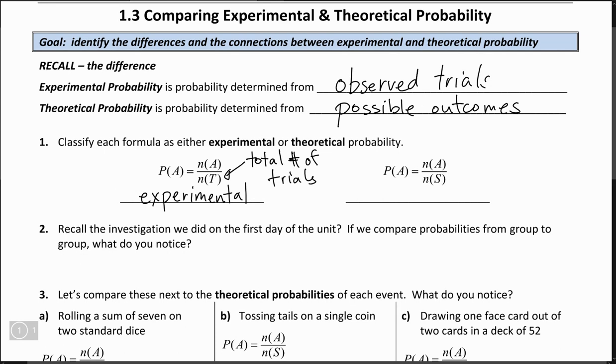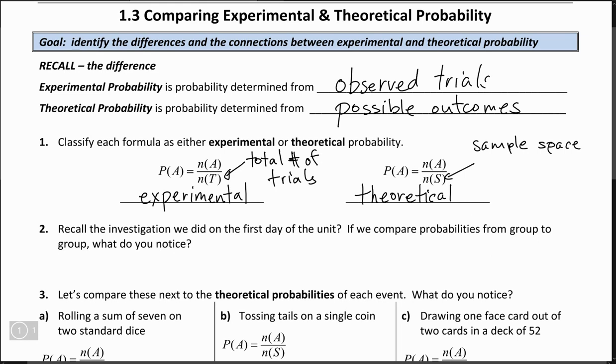Okay. The second one is theoretical. And because, again, the denominator is referring to the number of outcomes in the sample space or the set.